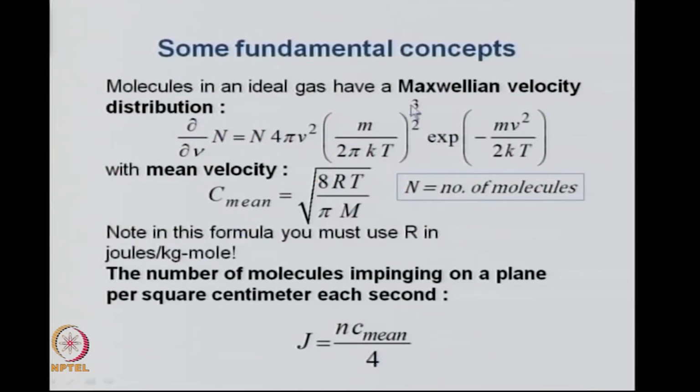And as you see, there is a term with temperature to the power -3/2, and also there is an exponential with -1/T. This is the Maxwellian velocity distribution, the distribution of the gas molecules assuming that it is an ideal gas, and from there we can calculate the mean velocity of these molecules, which is given by C mean equal to the square root of 8RT by pi m, and for this R must be in joules per kilogram per mole.